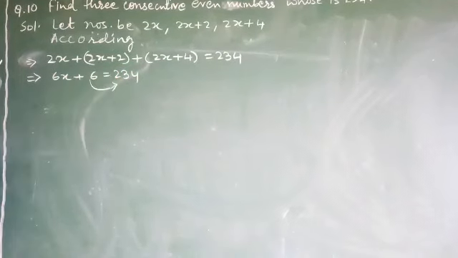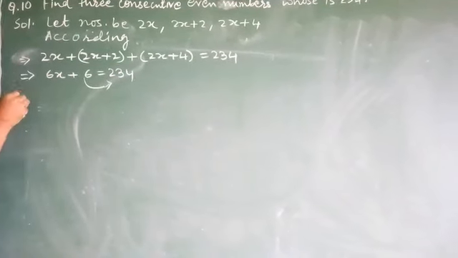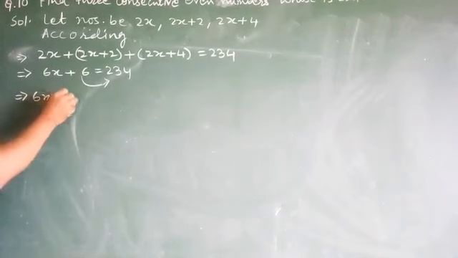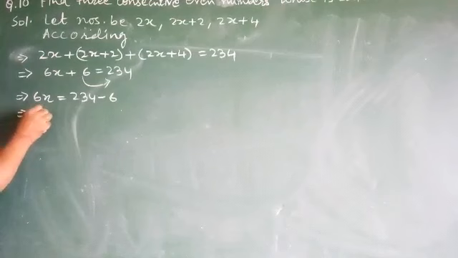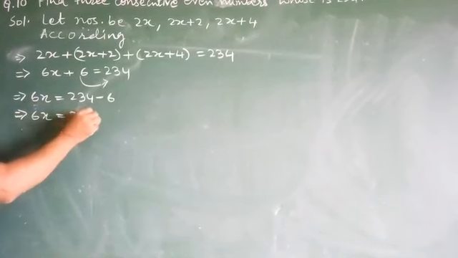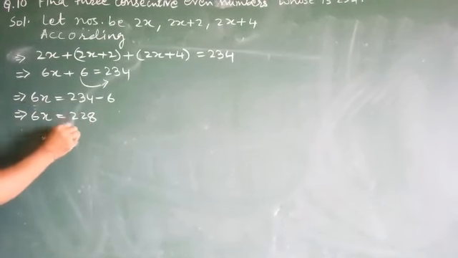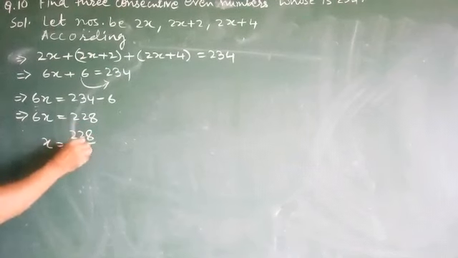Now transposing 6 to the right hand side, 6x equals 234 minus 6, 6x equals 228, and the value of x equals 228 by 6.